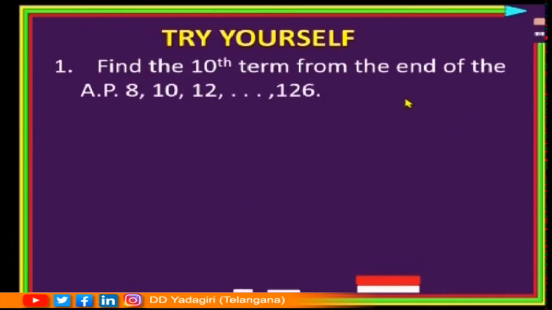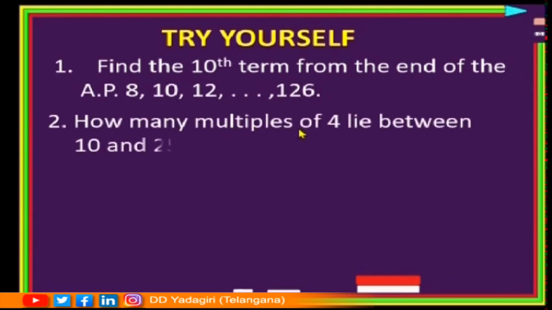Okay, students, now it is time to solve problems related to the nth term of arithmetic progressions. These are the problems for you. First, find the 10th term from the end of the AP 8, 10, 12, and so on up to 126. Second, how many multiples of 4 lie between 10 and 250?